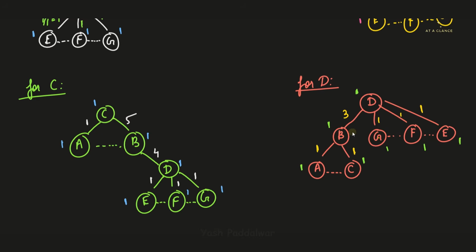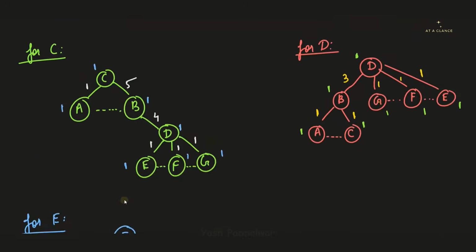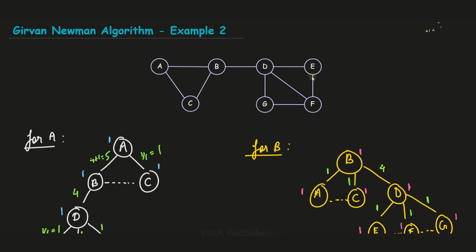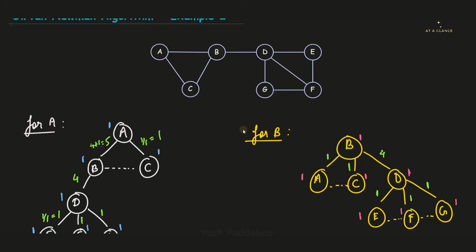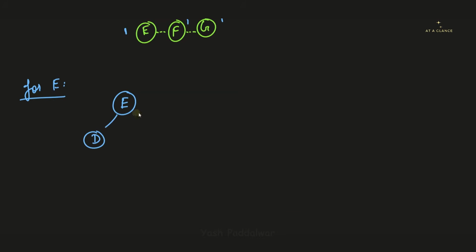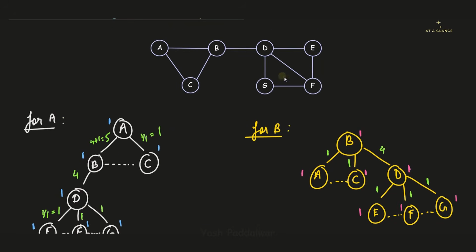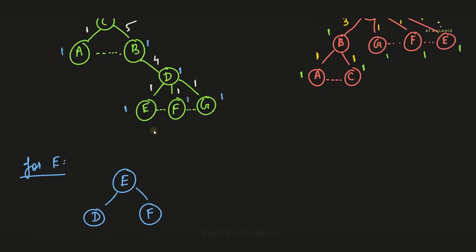Now similarly, let's do it for the node E. For node E, we'll have to consider E as the root node. Here you can see that E has two children, D and F. So let's write it. Now, F has one child, that is G. D also has the child G, as well as D has child B. So we'll have to write it something like this.